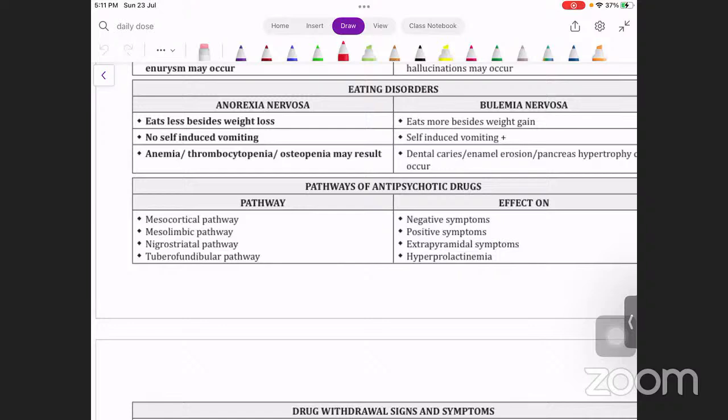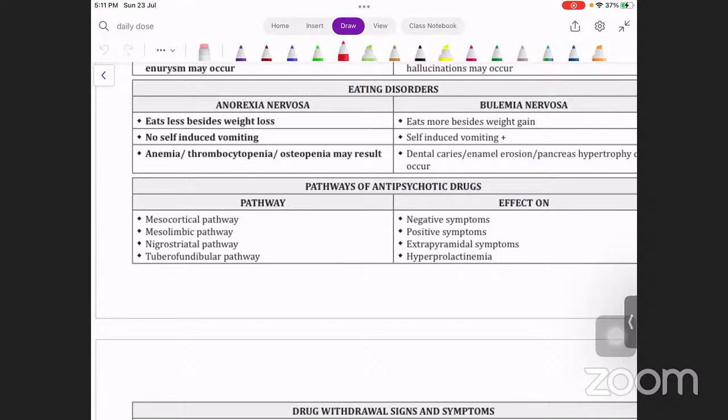Binge eating and self-induced vomiting are seen in bulimia nervosa. Anemia and osteopenia are seen in anorexia nervosa, and all the malnutrition features are also seen in anorexia nervosa.